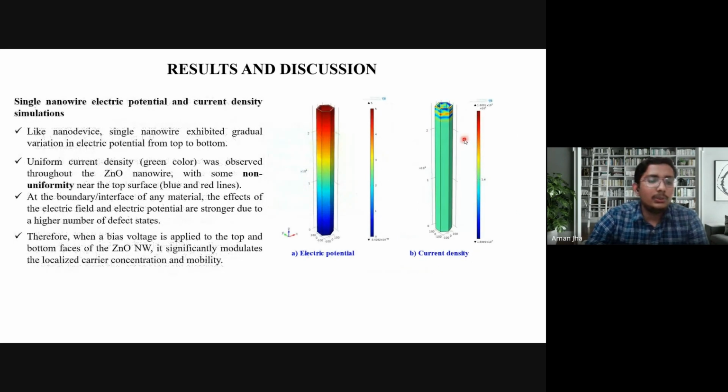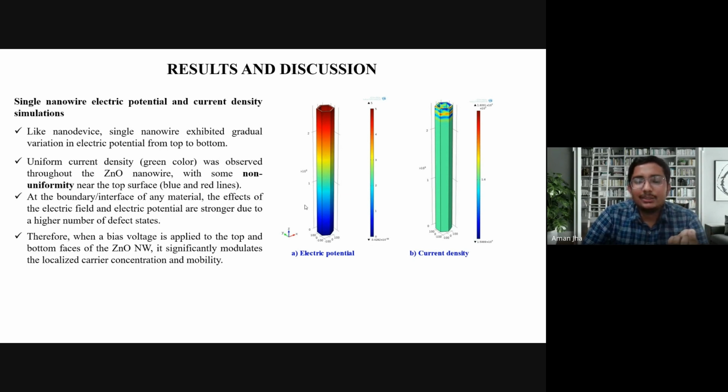Moving on to the next, single nanowire electric potential and current density simulations. Like the nano device, the single nanowire also exhibited that gradual variation in its electrical potential from top to bottom. But in the case of current density, we found something strange. We found that even though the current density is predominantly uniform in the entire structure, there are some irregularities, some non-uniformity near the top surface.